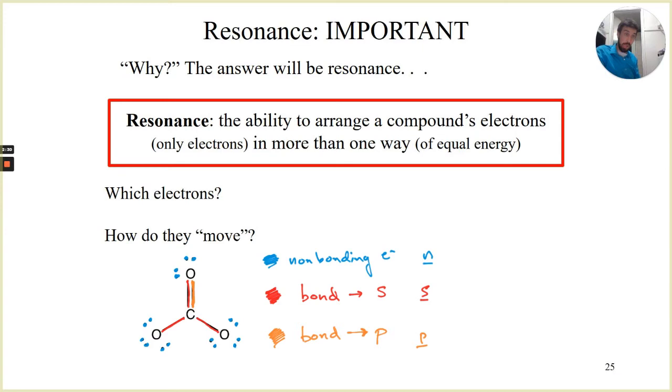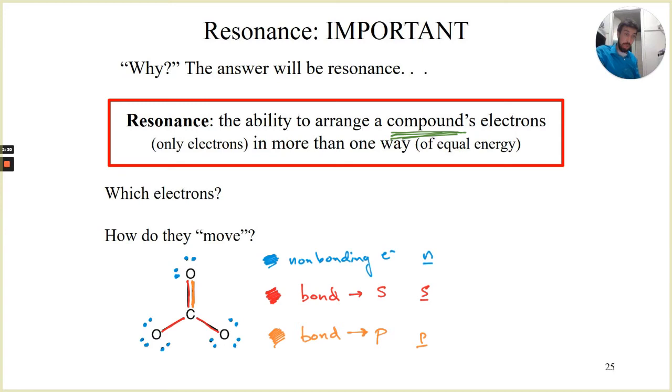So now we have to decide, do all of those electrons have an equal ability to move? Okay. And so one of the definition things that we need to keep in mind is that we have to keep the compound together. If for whatever reason we move the electrons and the compound no longer exists, well, that doesn't count as resonance because it's not the compound.